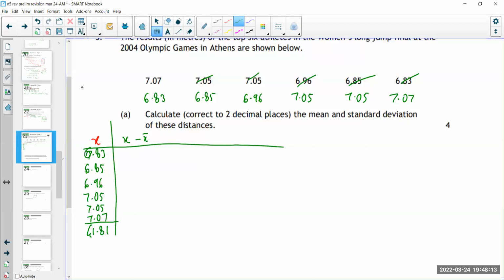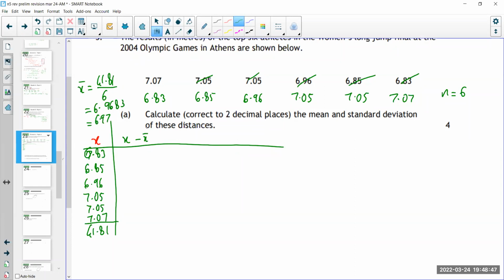And to find X bar, we divide 41.81 divided by 6, because n equals 6. And if you do that correctly, you should get 6.9683. Because they've asked us to give our answer to 2 decimal places, 6.97.